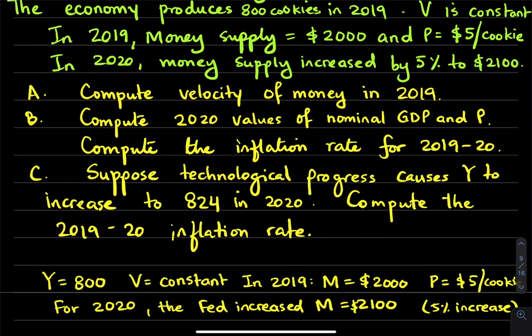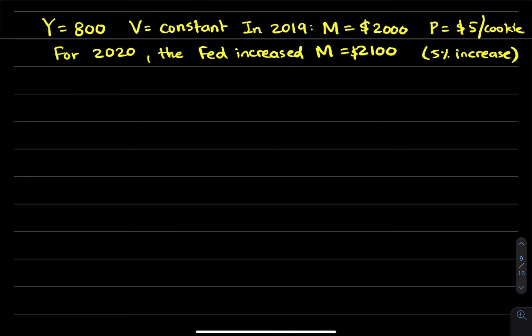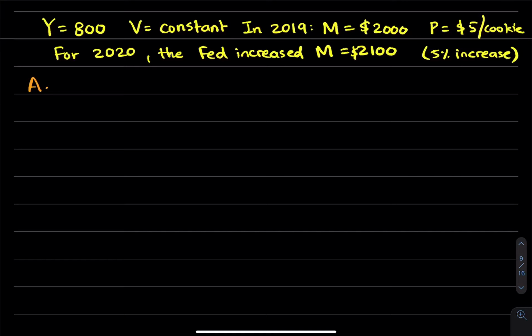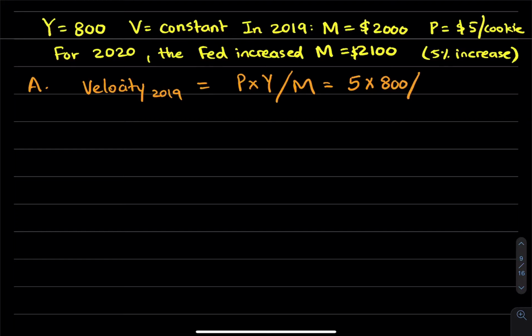Now, part A asks us to compute the velocity of money in 2019. So part A says, what is velocity in 2019? We're going to apply the formula which says this is P times Y divided by M and substitute in the values for 2019. So this is price, which is $5 for a cookie, times real GDP, which is 800, divided by 2,000.